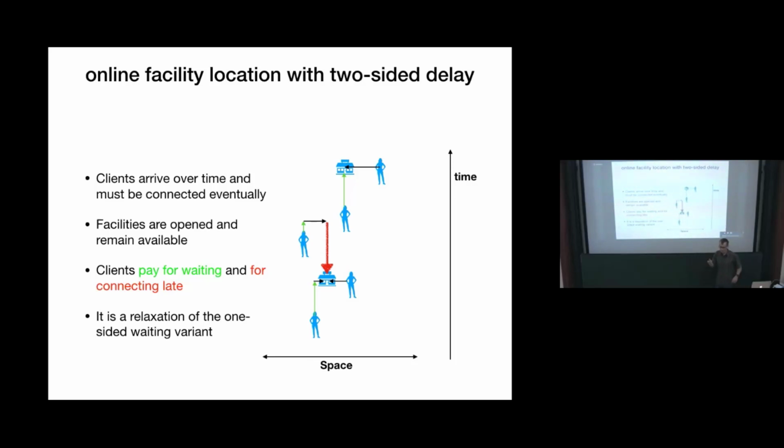So in this new model, waiting is possible on both sides. You pay for the waiting until the decision, but you also pay because you come too late for the service. You could think maybe the products are not fresh or something, so you come too late.